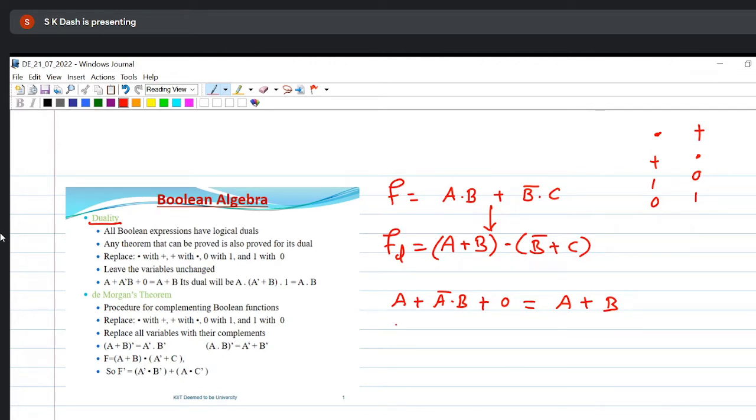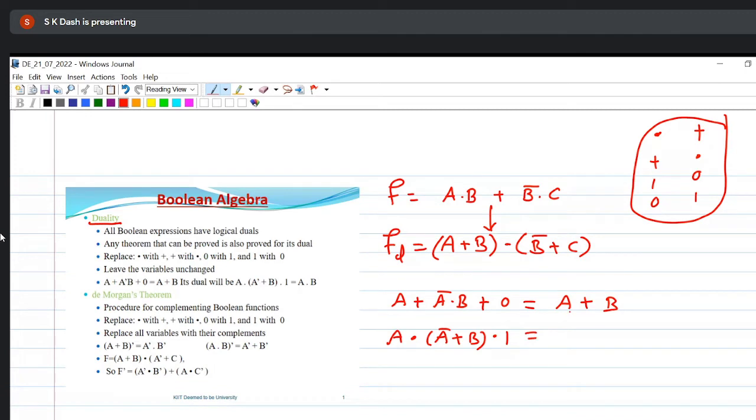So what will be its dual function? We just need to replace this plus with dot, dot with plus, 1 with 0, 0 with 1. So a will be as usual, plus changes to dot, then a bar dot is replaced with plus, plus is replaced with dot, 0 is replaced with 1.